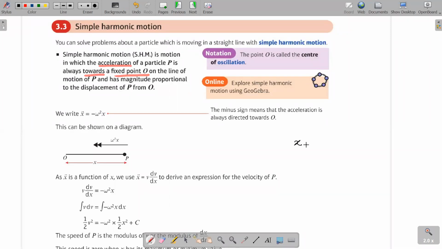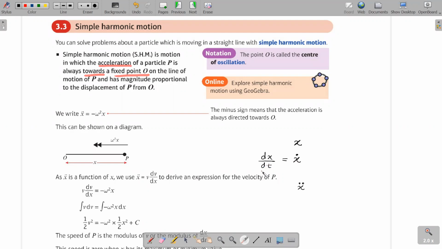The notation x dot is used when you differentiate x once, so x dot is dx by dt, the differentiation of x with respect to t once. So what does x double dot represent? X double dot is when you differentiate x twice with respect to time.